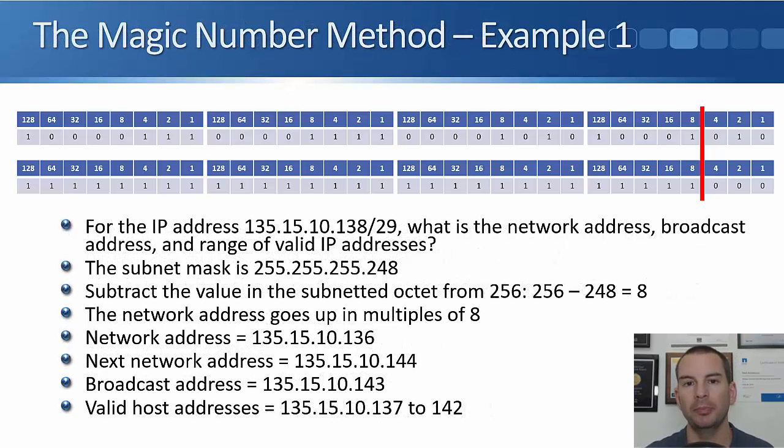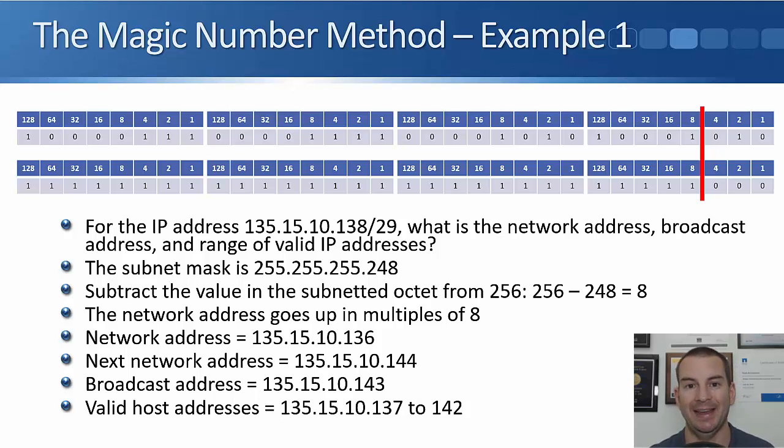Okay, another popular way of calculating the network address, the broadcast address, and the host addresses is by using the magic number method. You'll see this being cited in quite a few places on the internet. This one is very handy if you've been given the subnet mask in dotted decimal notation rather than with a slash. In that case, you can usually figure it out in your head.